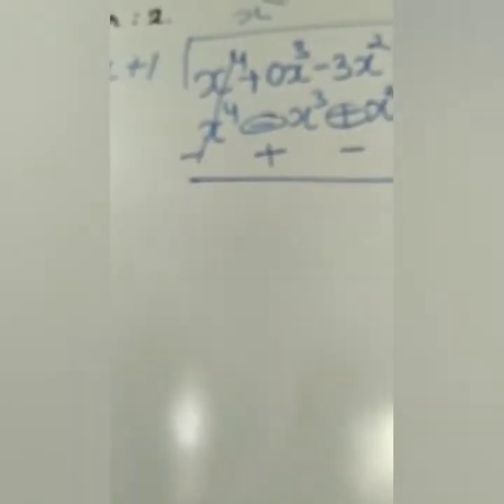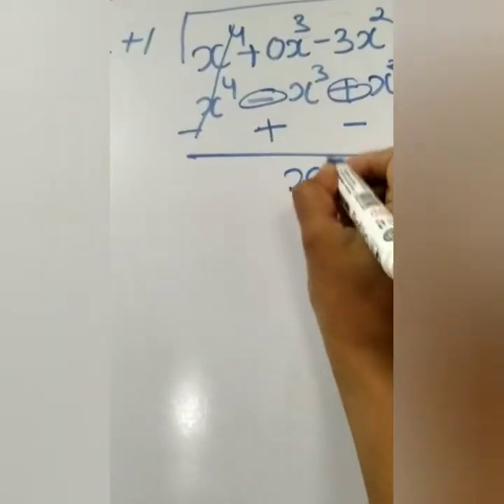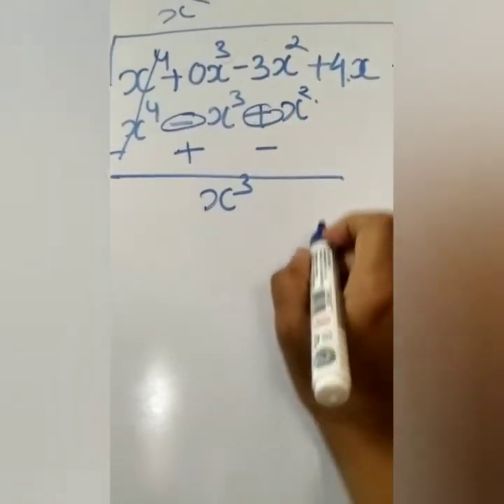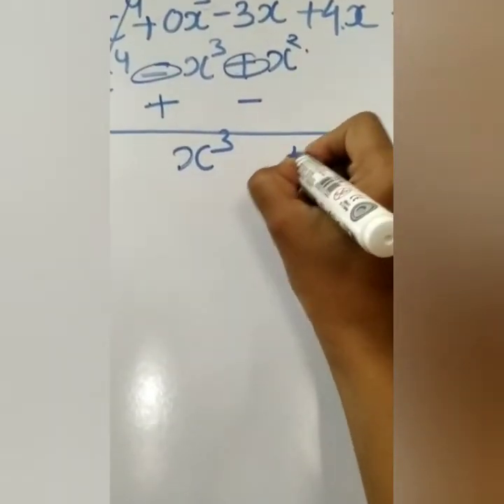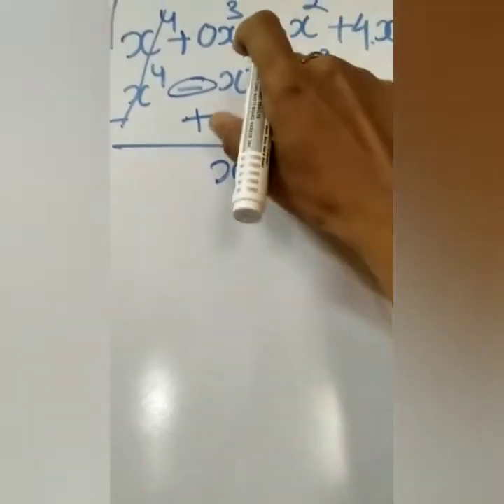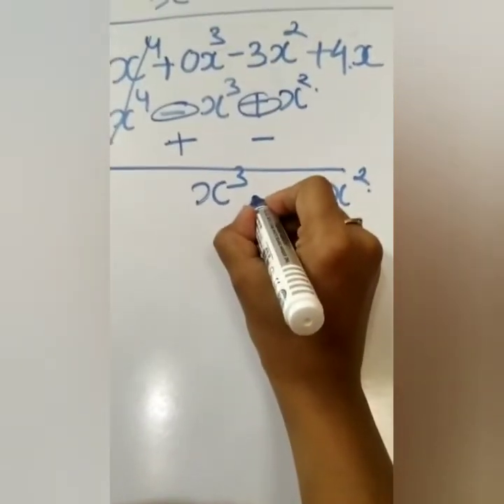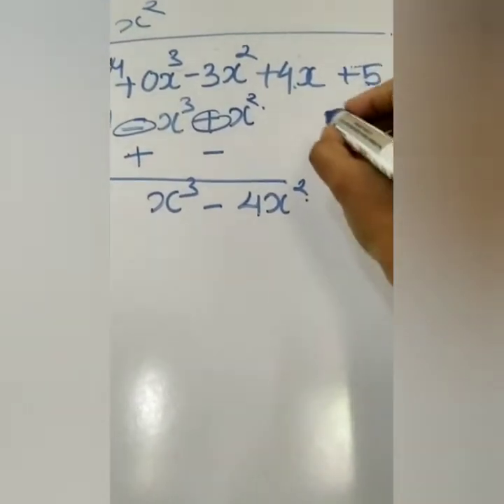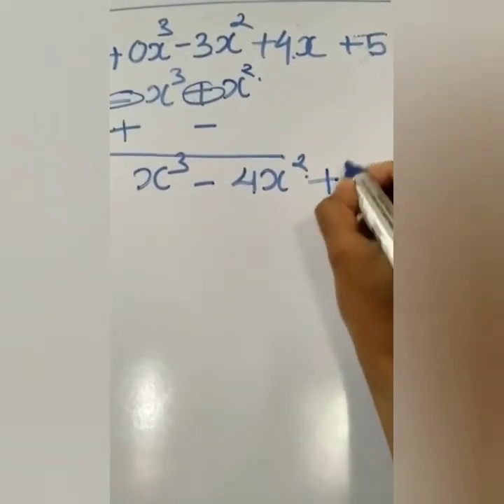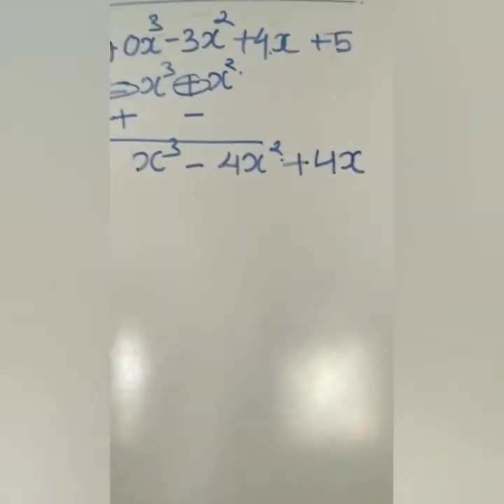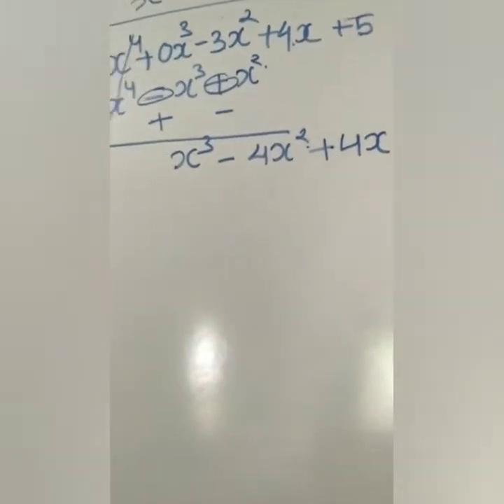First term will cancel out and here will be x cube. Minus will become plus, means here we have to write 4x square, but the symbol of the greater number is minus, so we will write minus over there. Now we have to take down that term, that is 4x. So we are writing 4x over there.